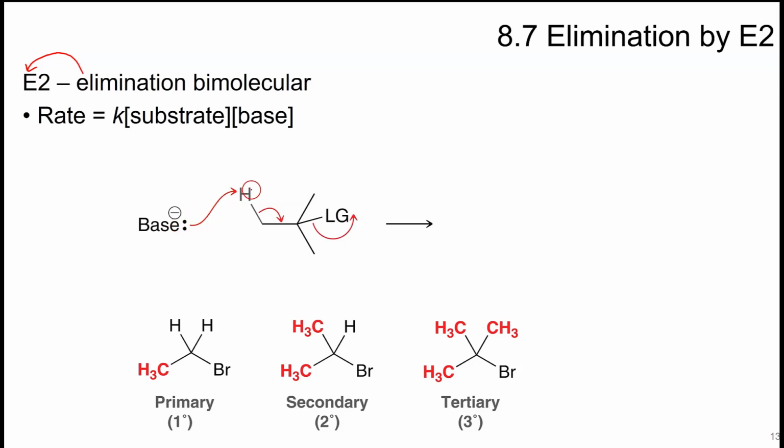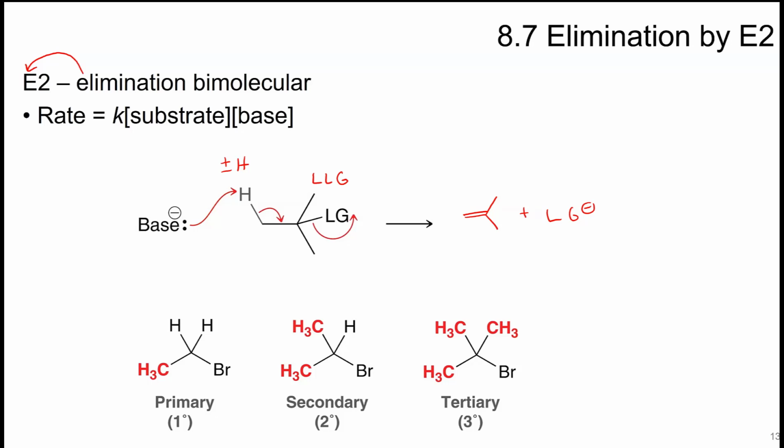There's a base that pulls off the proton after it's gone fishing for it. Those electrons between the carbon and the hydrogen go in to form the double bond, and it kicks off the leaving group. So proton transfer, and then loss of leaving group. The base will take the proton as the leaving group leaves.